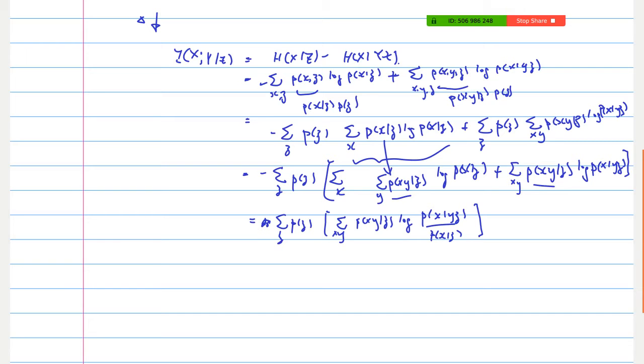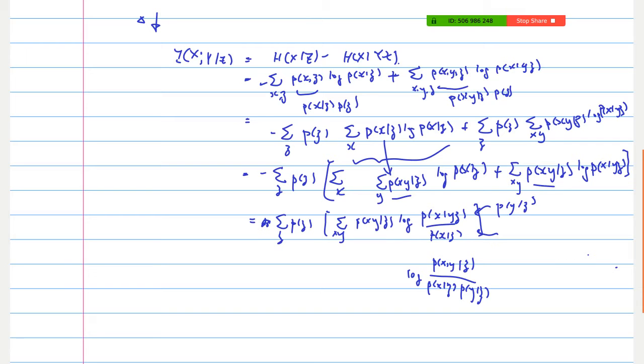Now, similar to what we did before, if I multiply p(y given z) to both the numerator and denominator, then below will become log p(x given z) p(y given z), and above is basically p(x,y given z). It's hard to write z.